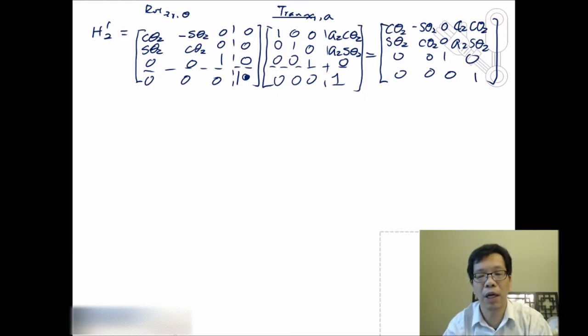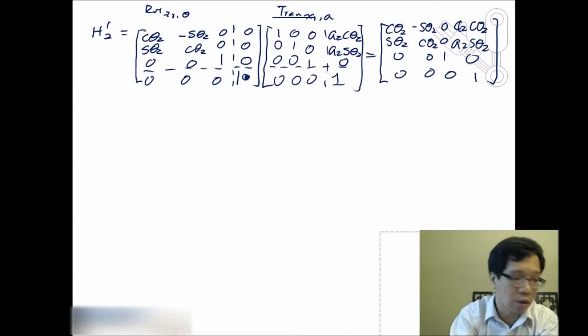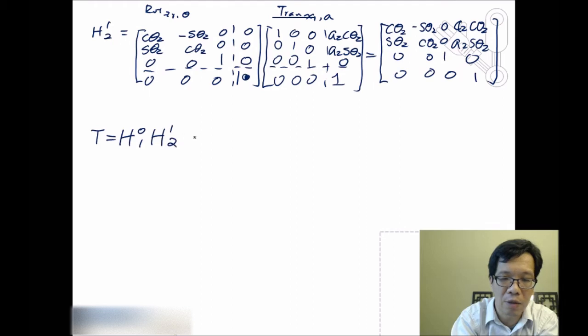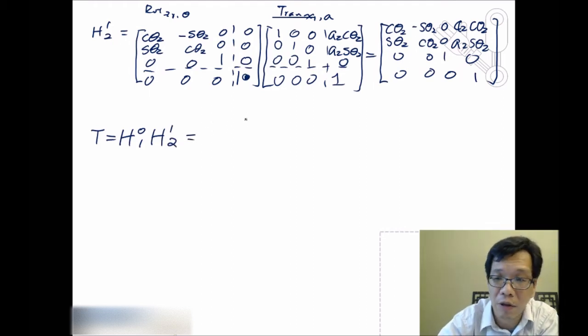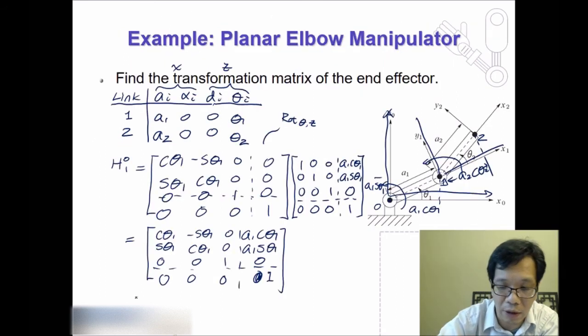So we got our transformation matrix between 0 and 1 and between 1 and 2. If you combine all those things together, you're going to multiply this matrix with the matrix we defined earlier.